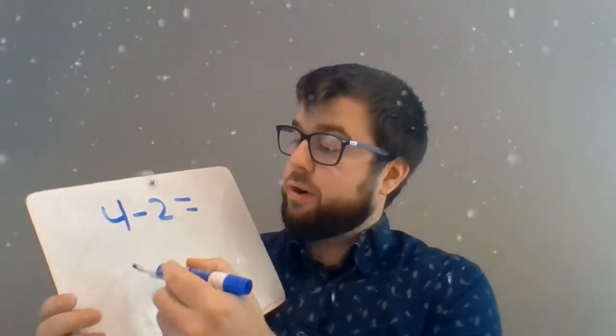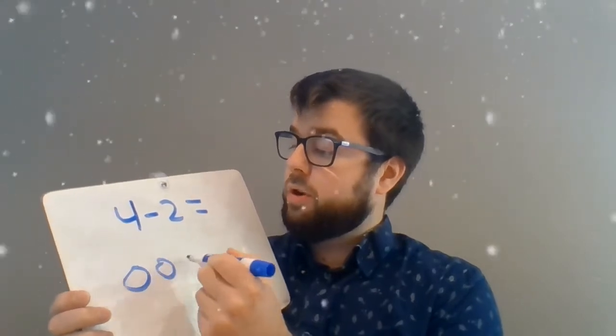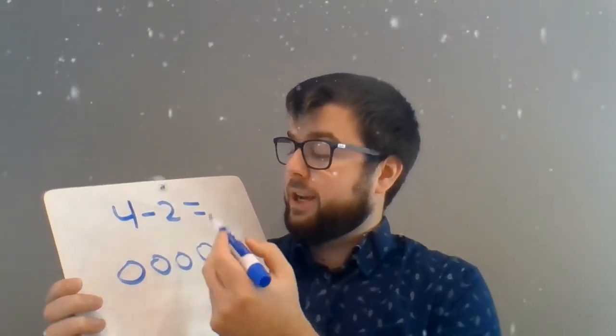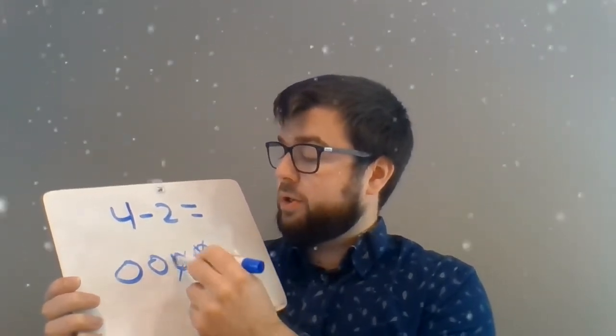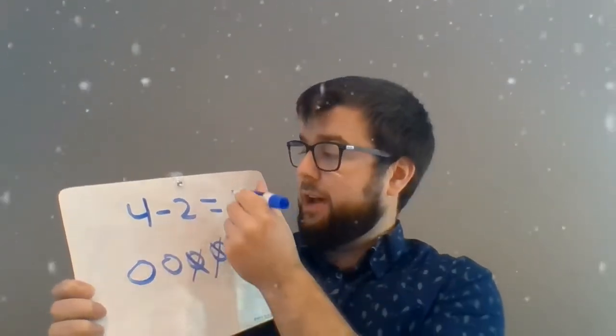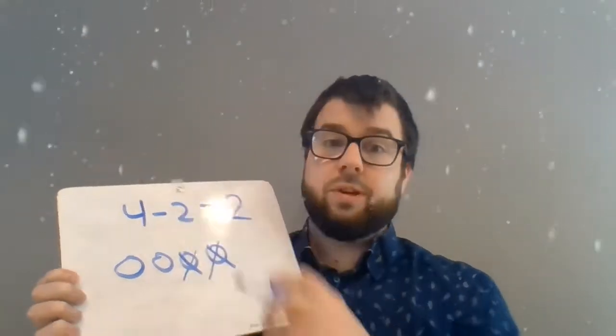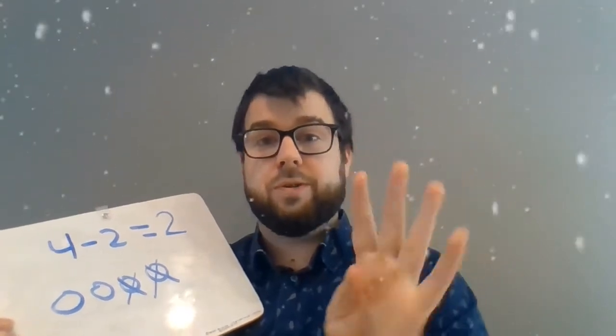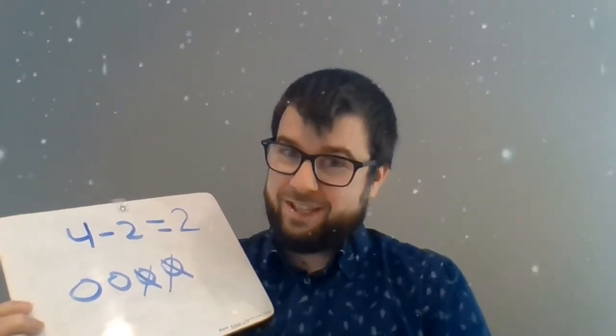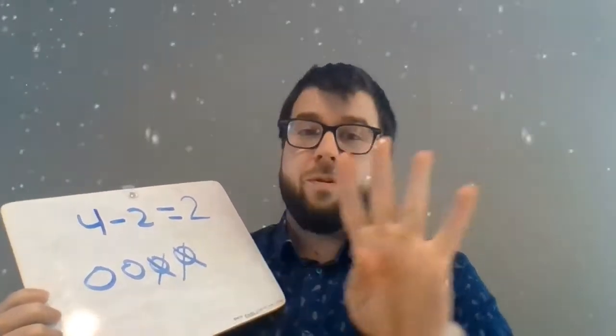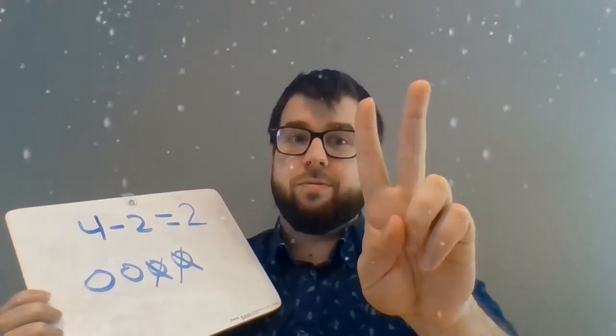I would draw 4 circles, 1, 2, 3, 4, and then take away 2. Now I have 2 left. 4 minus 2 equals 2. You can also use your fingers, but that doesn't show your work because I can't see you doing your fingers.